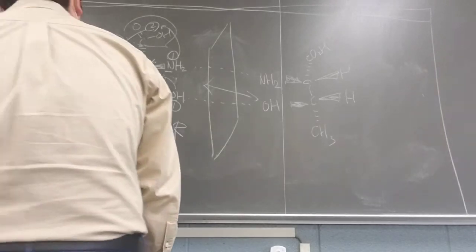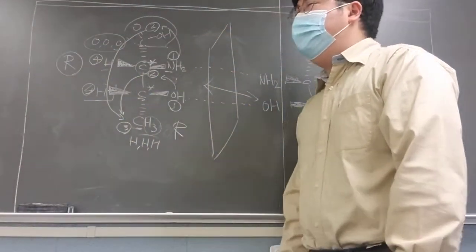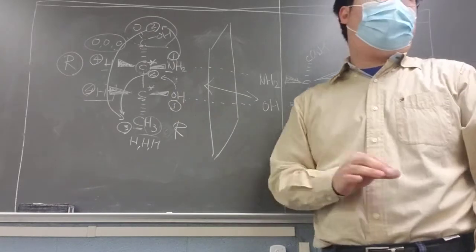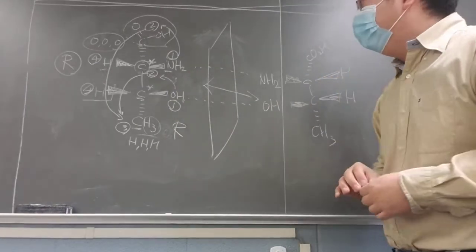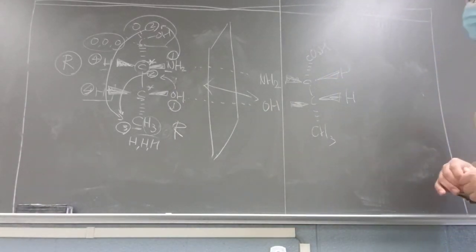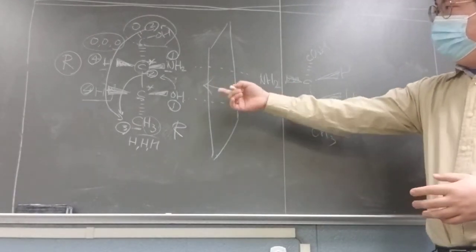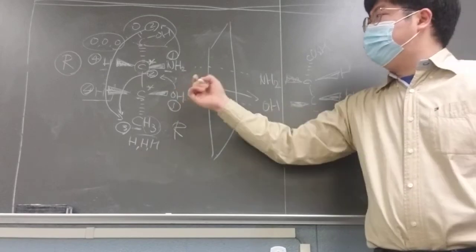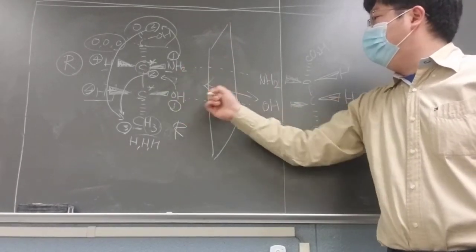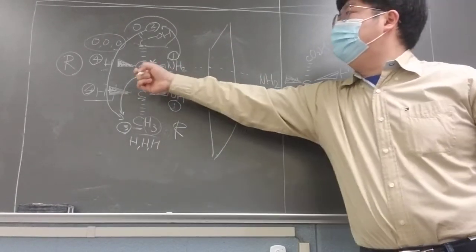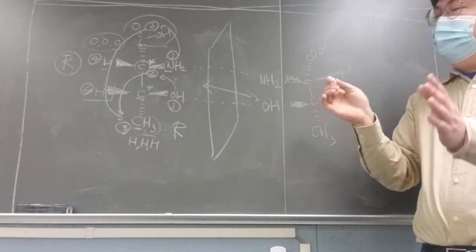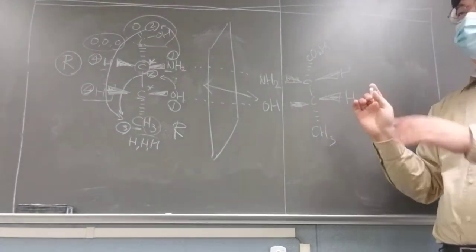Okay, so here's the thing. If that is the case, now you have 2 chiral centers, not just 1. If you just make a mirror image, which I just did, based on what it looks like in the mirror, I just pointed to the other side.